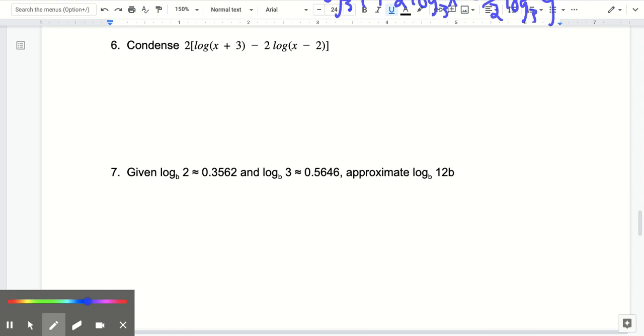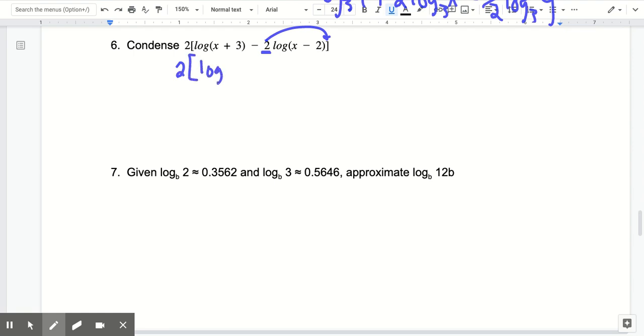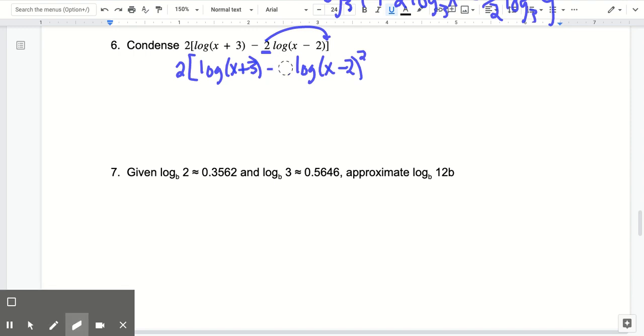So let's start inside the bracket. This 2 right here, I'm going to pull that back up into the exponent. So I have 2 log of x plus 3 minus 2 log of x minus 2. No, I'm sorry, I pulled that 2 up, it's not there anymore.